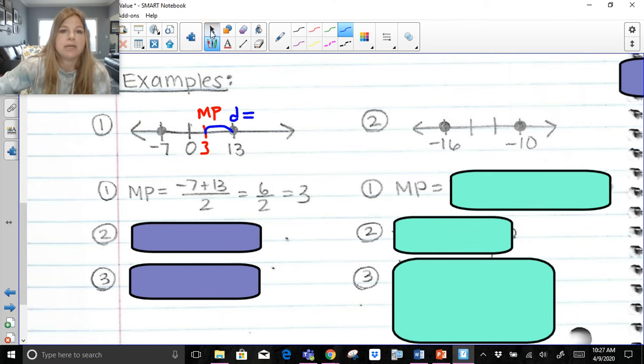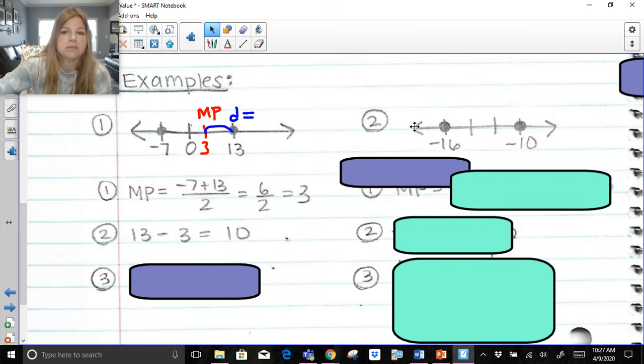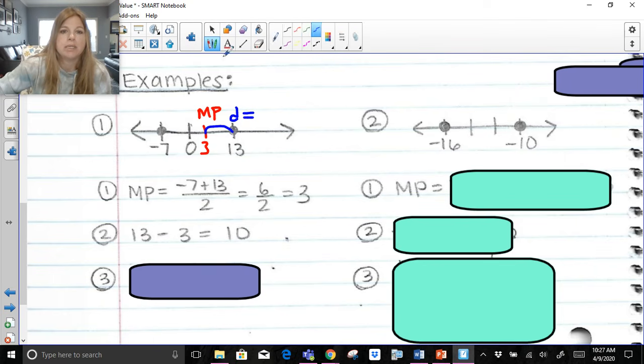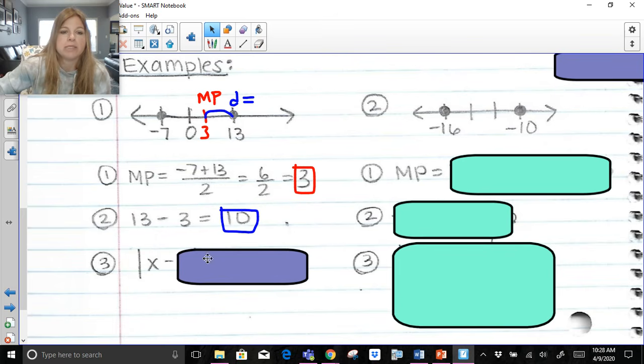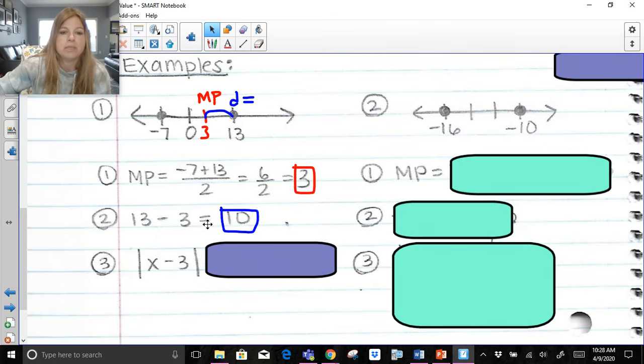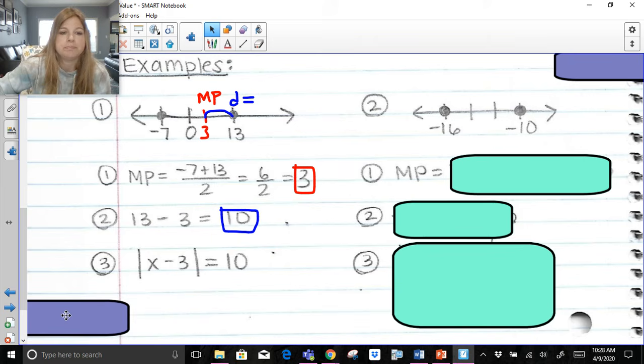So this distance here, how do you go from a 3 to a 13? It's 10. So my midpoint is 3. My distance is 10. My formula is this: absolute value of x minus the midpoint equals d. So absolute value of x minus 3 equals 10.